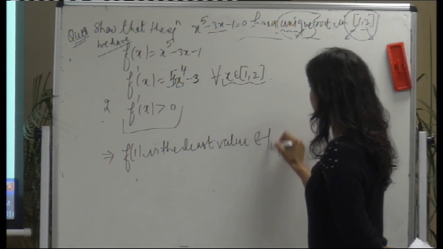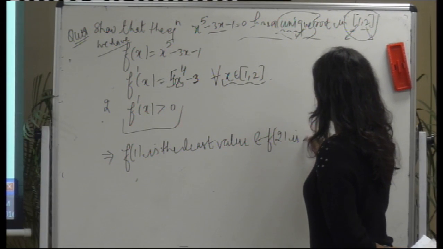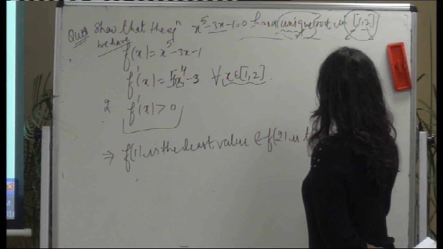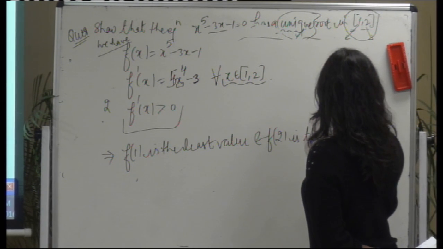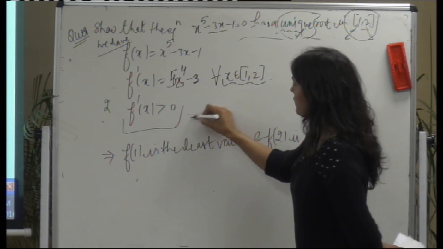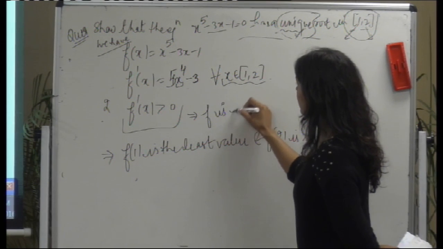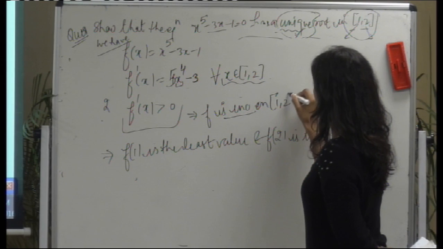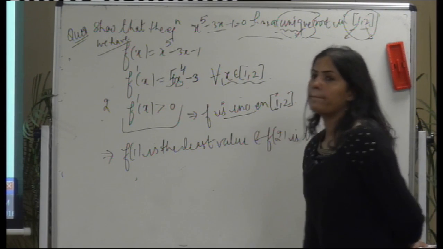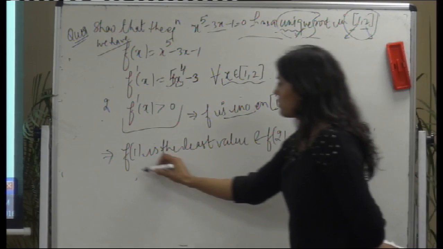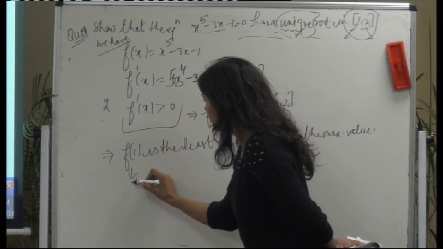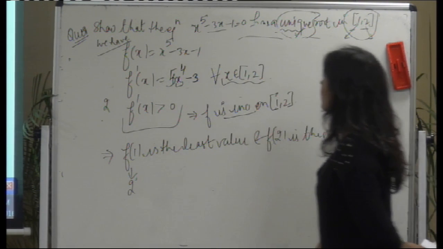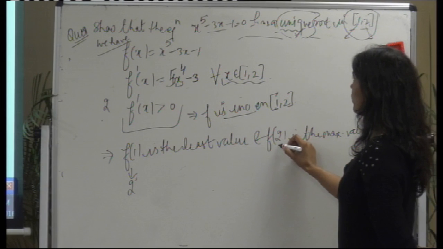All agree? So f1 is the least value, and f2 is the maximum value. Tell me both the values. So this implies f is increasing on 1 to 2. So f1 is how much?